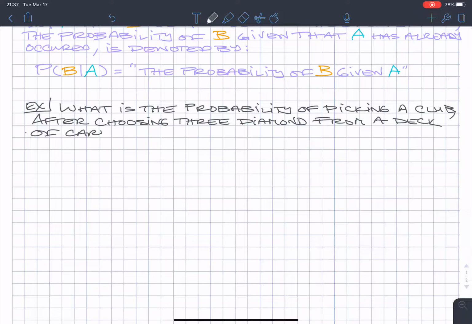And this is without replacement, meaning once you've chosen those cards, you don't put them back.